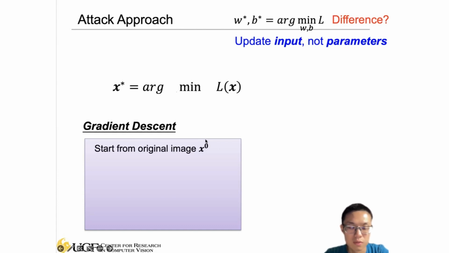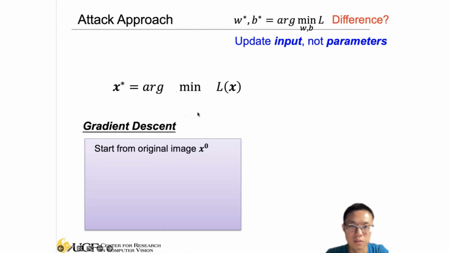Here we are starting from the original image. Of course, you can ask why we start from the original image. Why not just random noise? The reason is that, after all, the outcome we want is an image very close to the original input.